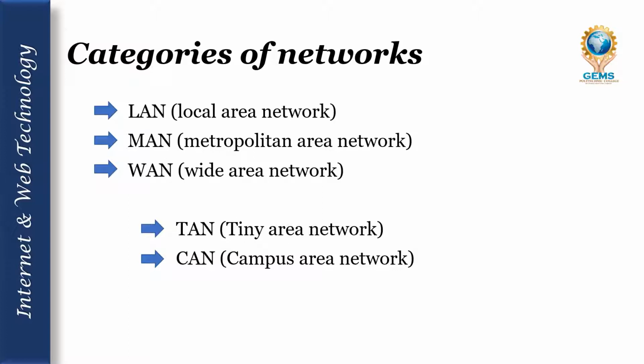Another two are personal area network and campus area network. The tiny area network is where only two or three computers are connected and work together. The campus area network is like a metropolitan area network.